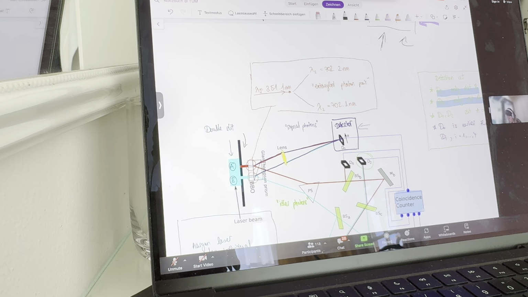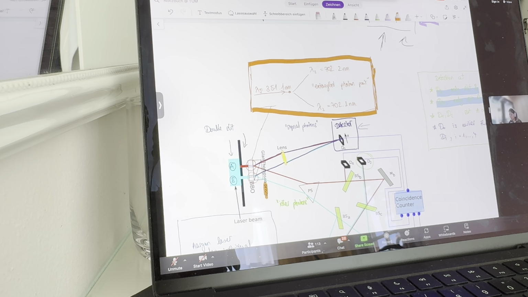Then after the double slit, the photon will arrive at some prism, this thing here. In this prism, one photon is converted into an entangled photon pair, okay? That means one photon goes in and two photons go out.